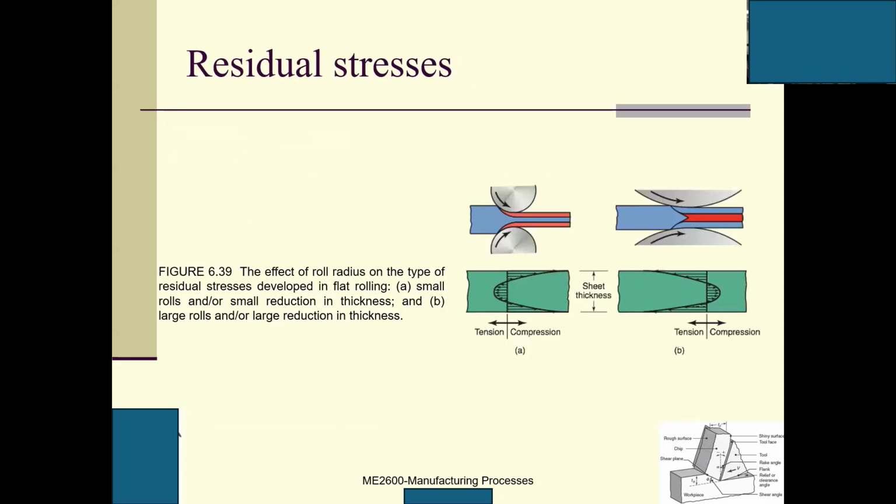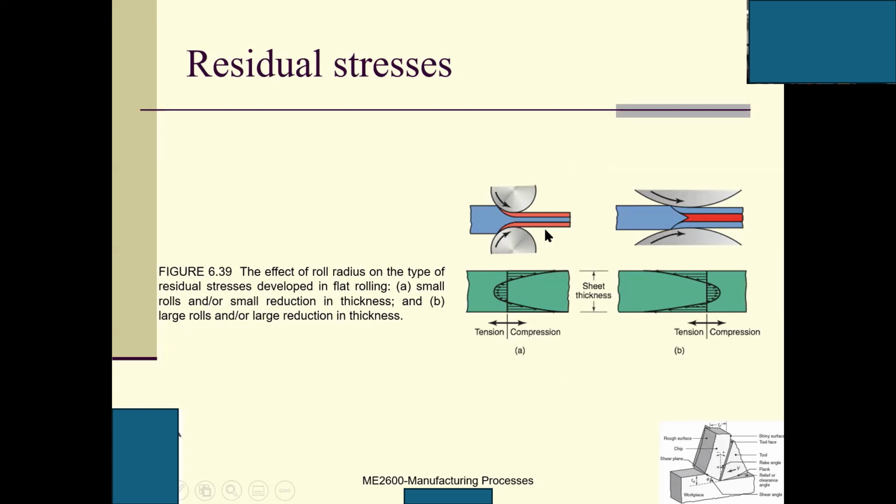And residual stress. You can see residual stress is a very, very important topic for manufacturing. So when we manufacture something, when we do some work on the raw material, definitely we will get some residual stresses. So here, residual stress. This is a small roll and a small reduction in thickness.